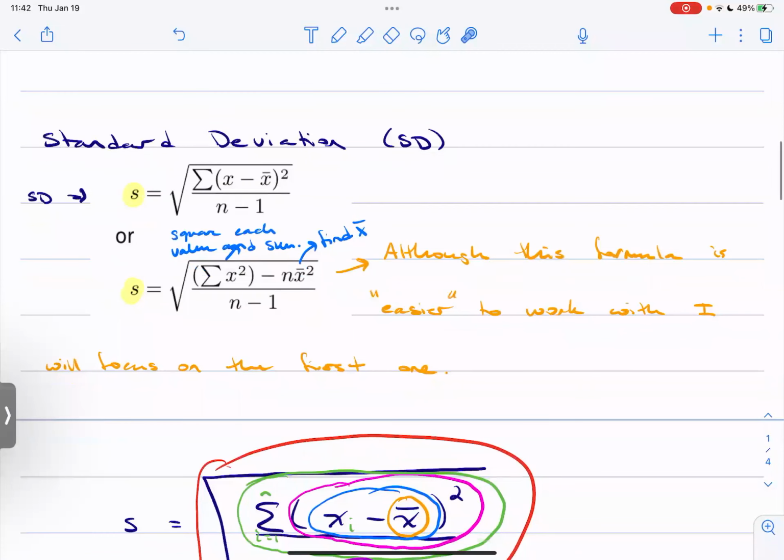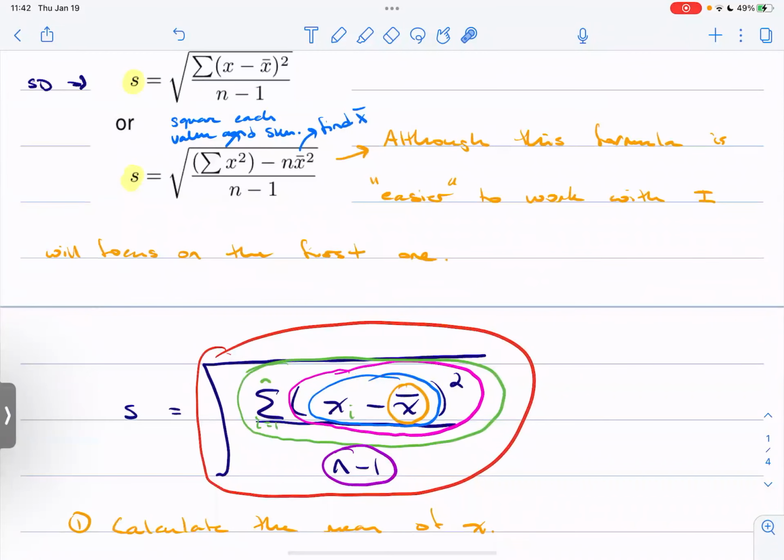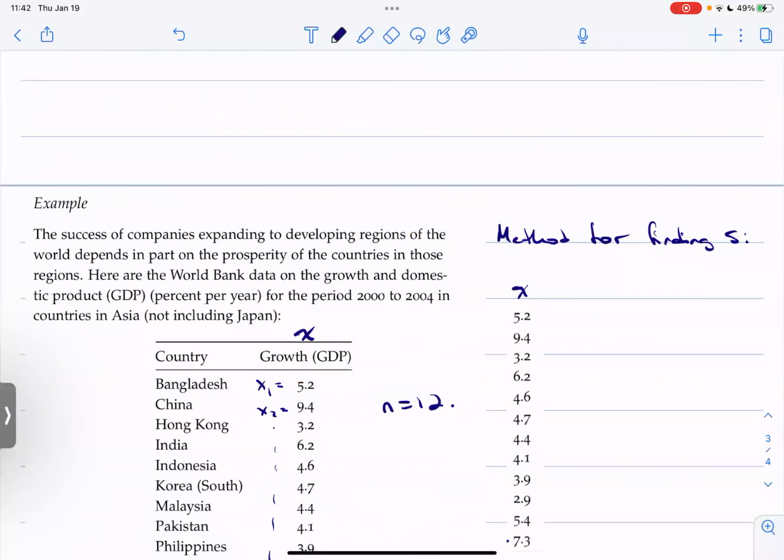But for us, let's talk about this mumbo jumbo here. So what I'm gonna do is take xi minus x bar and make a new column. So 5.2 minus 5.1083 repeating. I'll just show one. Then I make another column of xi minus x bar squared, which I'm not gonna do because there's no reason to.